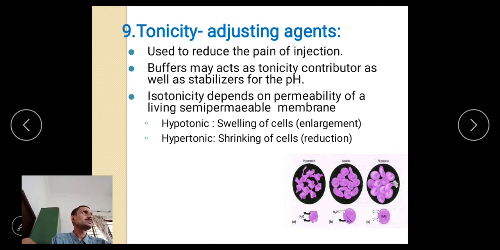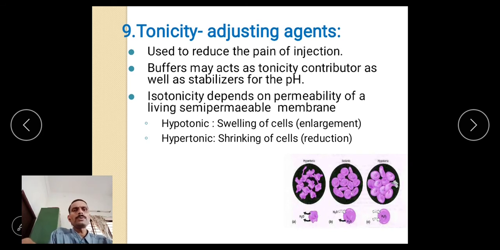When you inject such things, there is a swelling and enlargement of the cells. That is called hypotonic. It will take the solvent from the solution and they become enlarged.